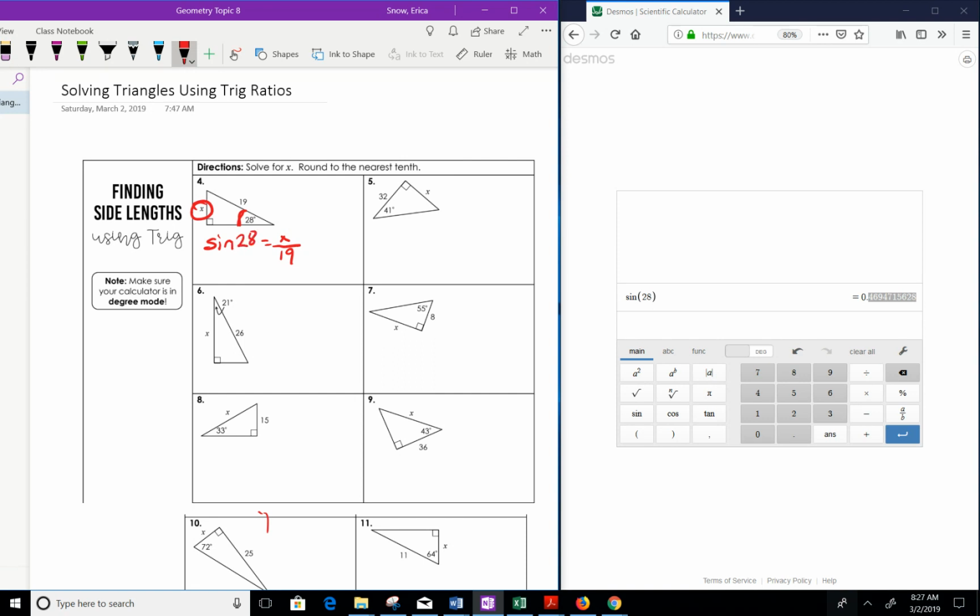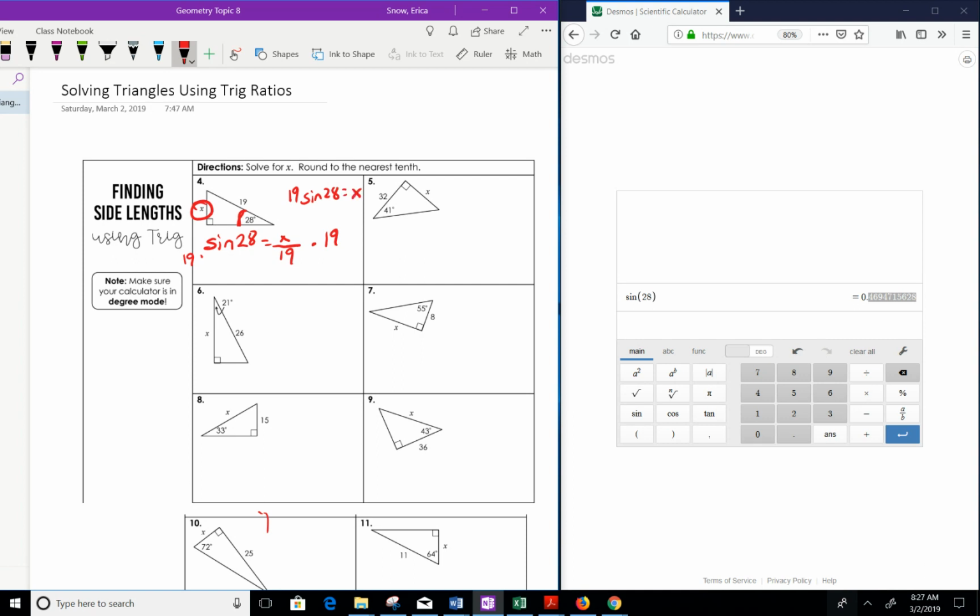So sine of 28 is x over 19. So now I just have numbers there. So I'm going to multiply both sides by 19. And I get 19 sine of 28 equals x.